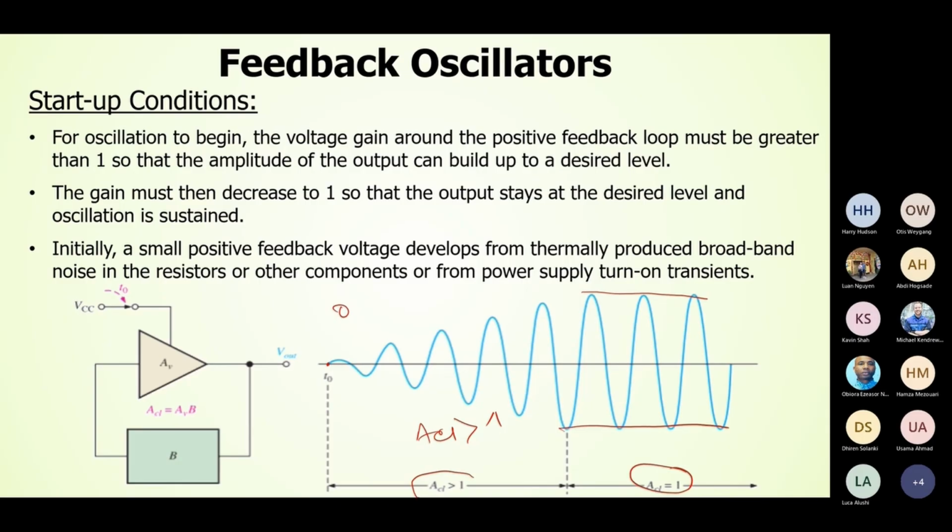So to ensure that initially you have a positive feedback gain greater than 1, what people do is initially a small positive feedback voltage develops from thermally produced broadband noise in the resistor, okay, or other components, or from power supply turn on transient, or later on I will show you there are some internal mechanisms that operate only at the beginning. Once it stabilizes the voltage output, then that circuit will no longer operate.